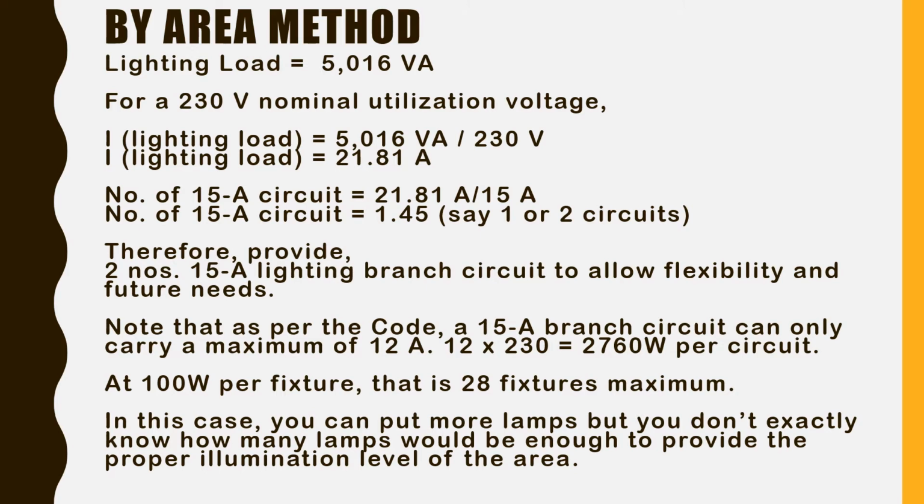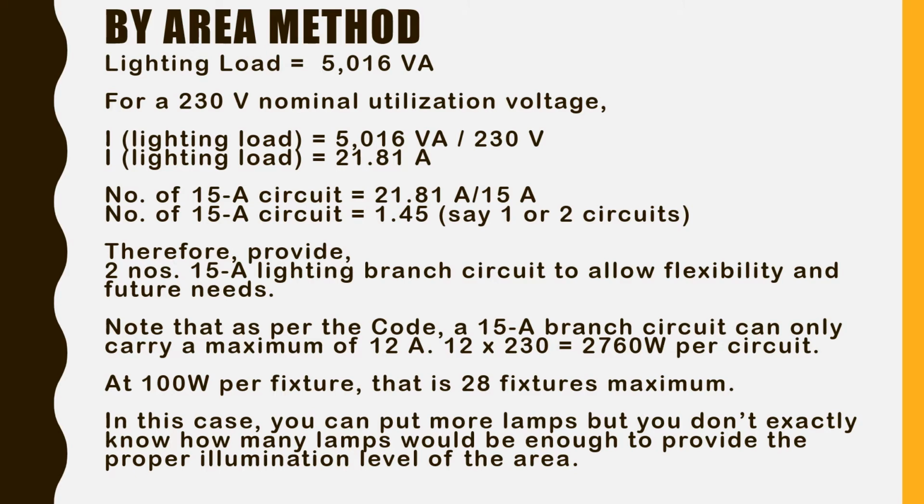Okay, 28 fixtures maximum. In this case, you can put more lamps, but you don't exactly know how many lamps would be enough to provide the proper illumination level of the area. So it is showing that you can put more lamps because it is 28 fixtures and you can assume only the wattage.